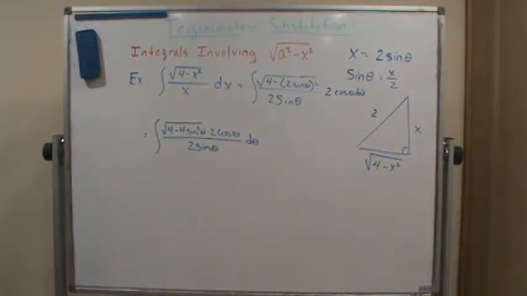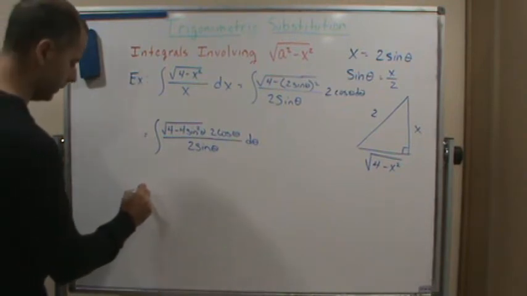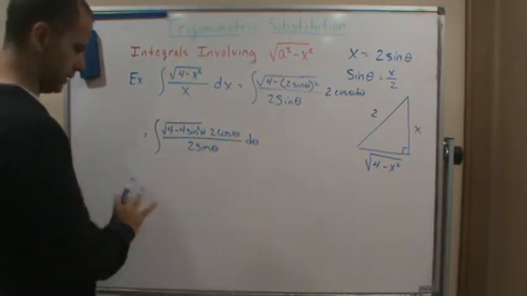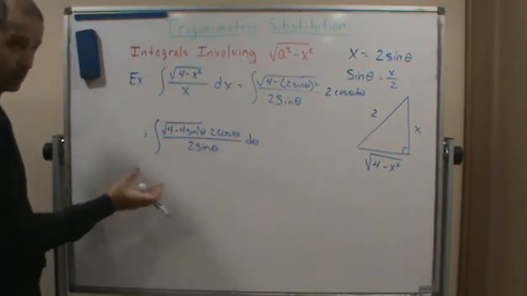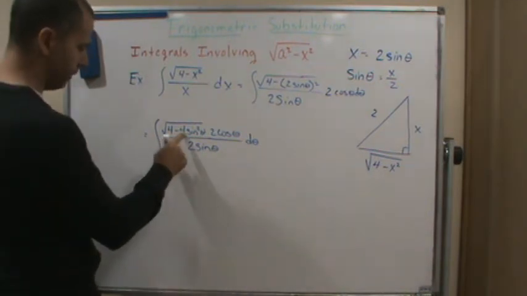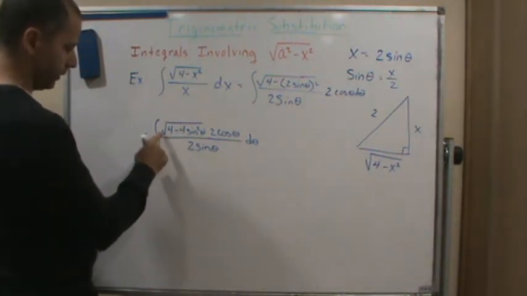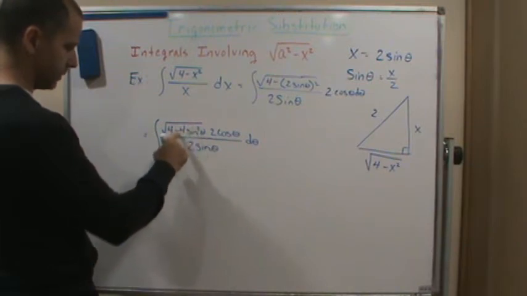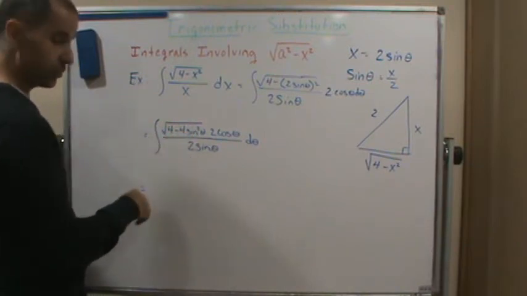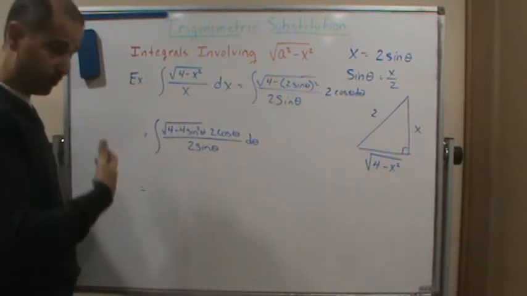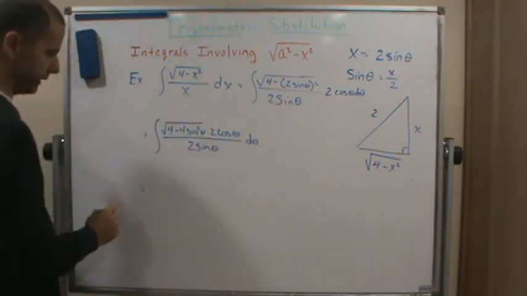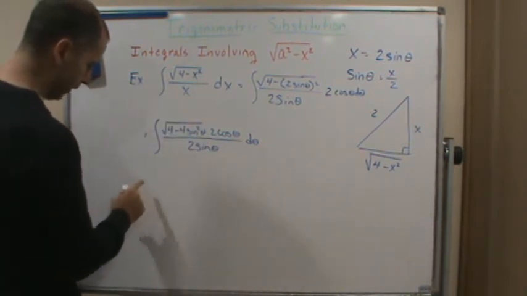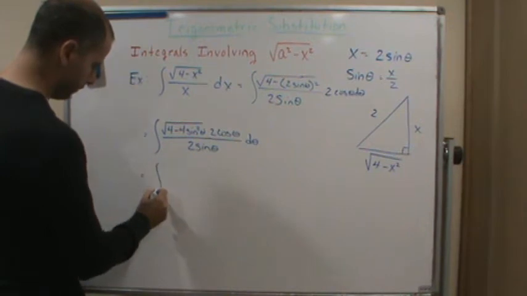Now, because I don't have a lot of room, I'm going to do steps. So I know I'm going to factor out the 4, and so I'm going to get the square root of 4 times 1 minus sine squared theta. So we already know where this is going, right? So again, we see how this is going to break down on the top.